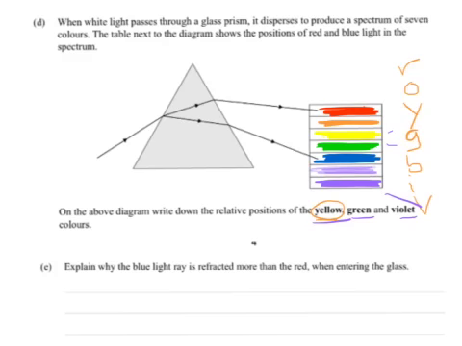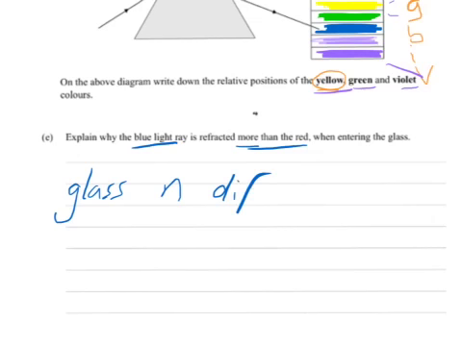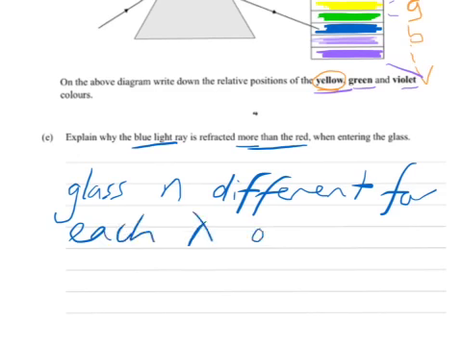Okay, now here's the big one, the last one. Explain why the blue light ray is refracted more than red when entering the glass. Well, again, we don't exactly know why refraction occurs, but if we're talking about why the blue ray is refracted more than red, we would talk about the glass actually has a refractive index which is different for each wavelength of light.